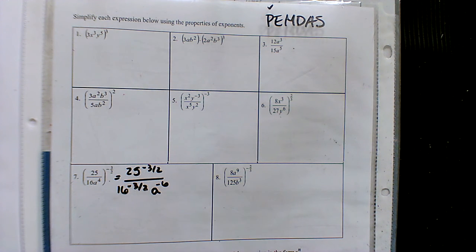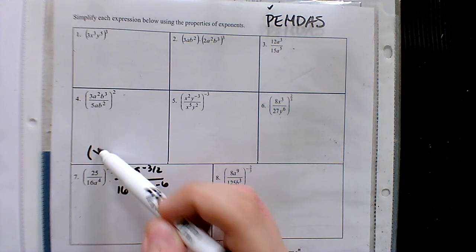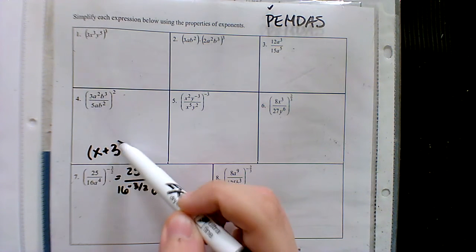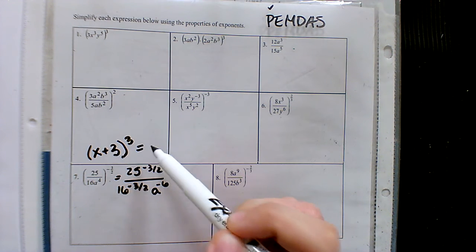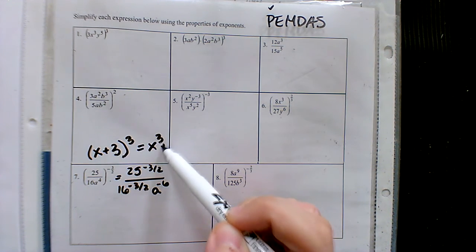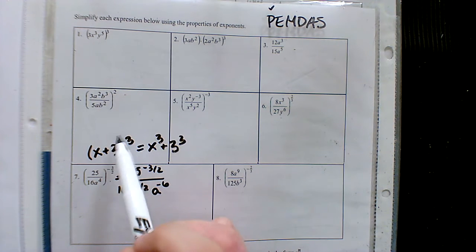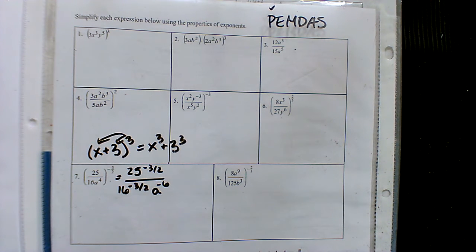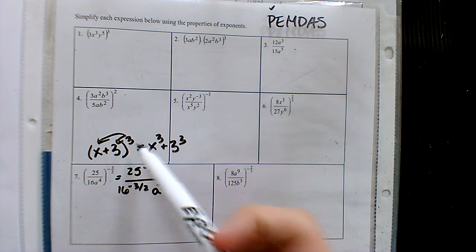This actually brings up a good question. What if I had x plus 3 to the third? Is that x to the third plus 3 to the third? Do I distribute that power in? It's an outside power.